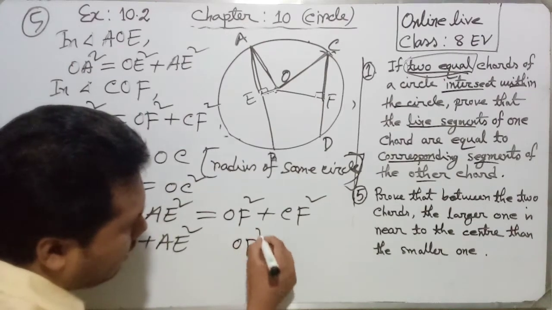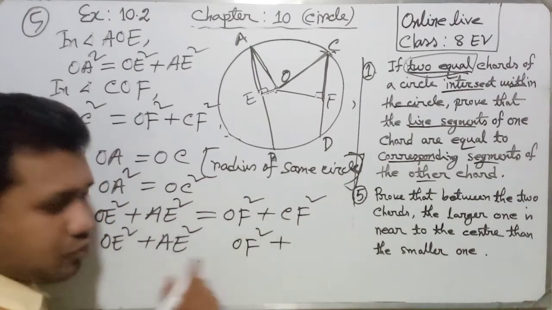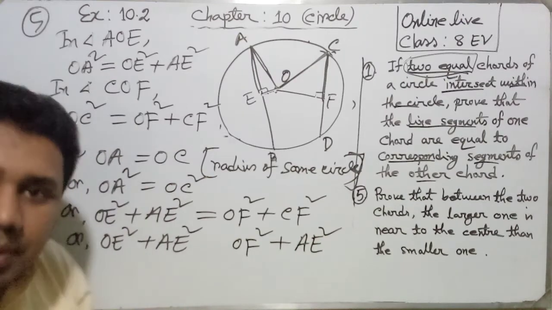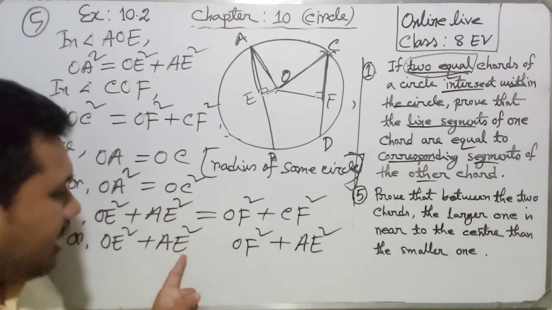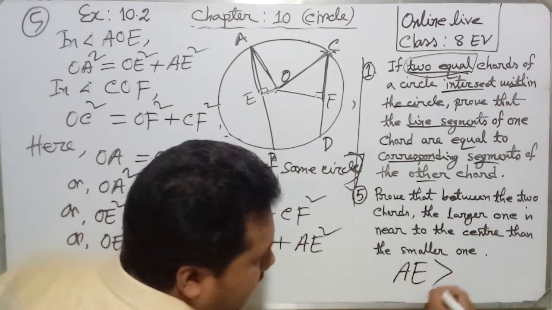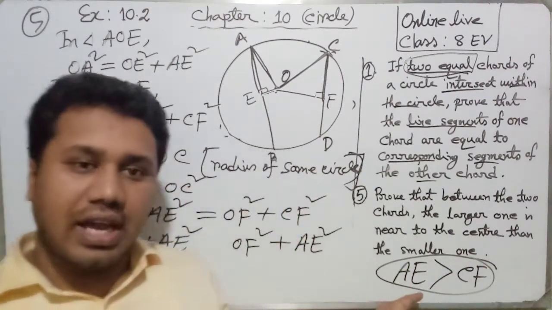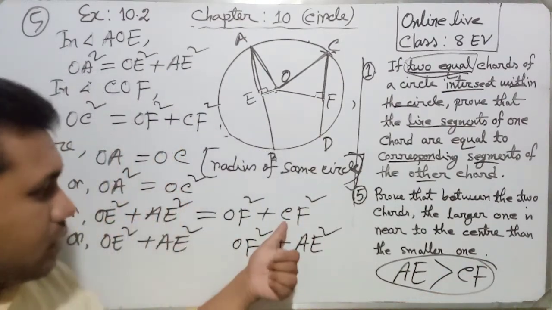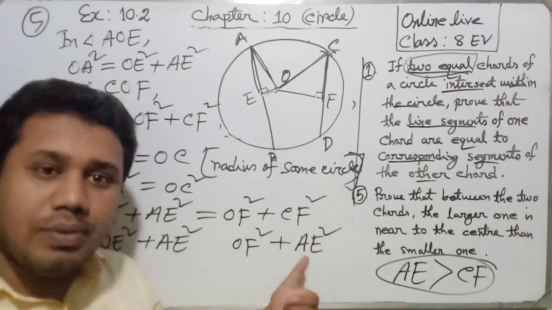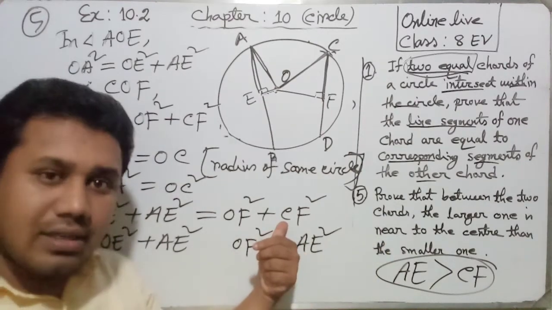Now OF square plus CF square: if we replace CF square by AE square, what will be our problem? Look dear students, we know AE is greater than CF. So AE square will be greater than CF square.